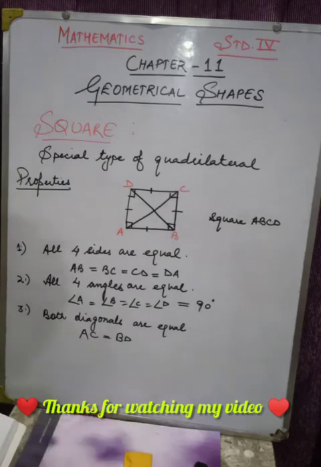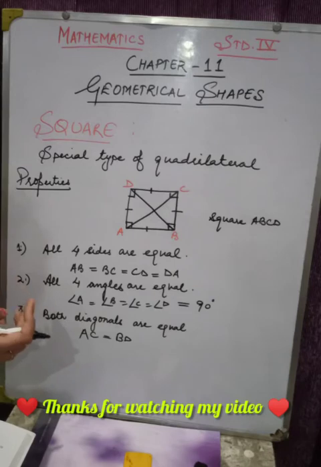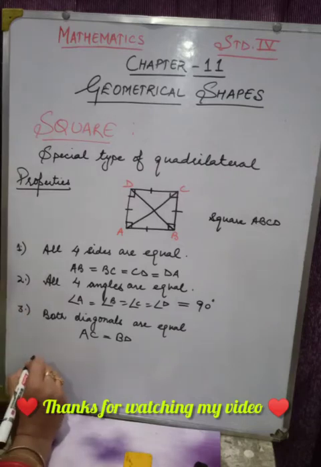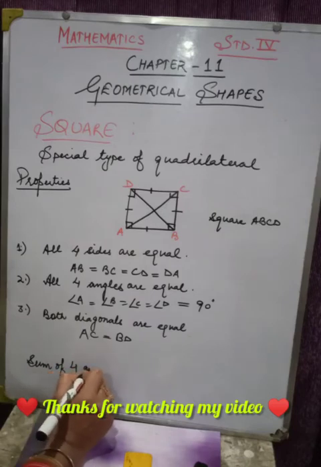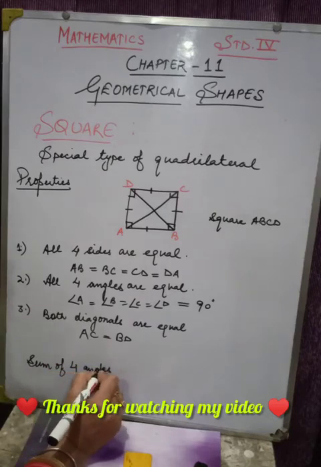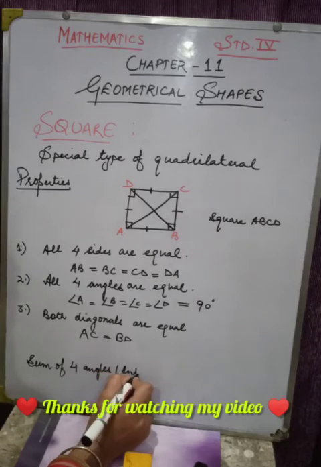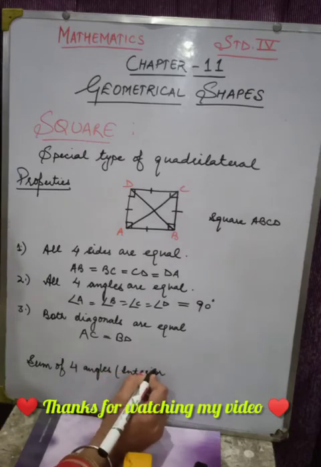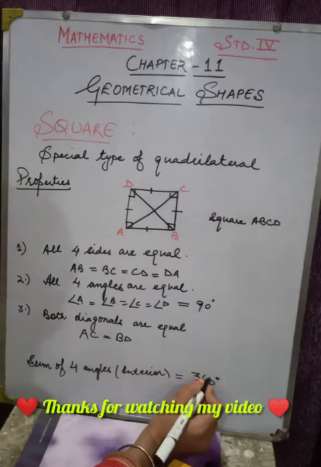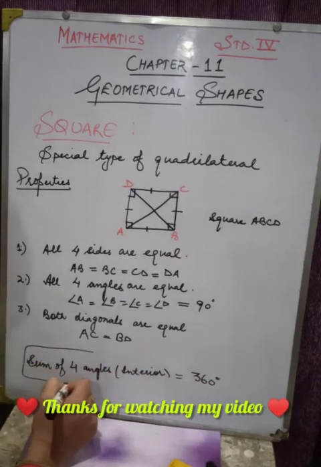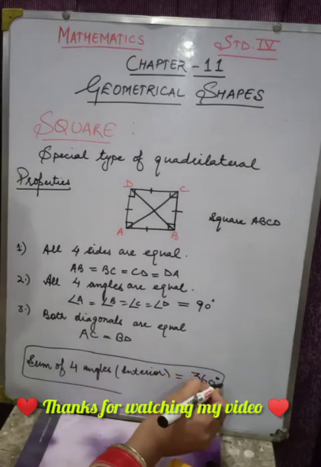And one more thing: in all quadrilaterals, the sum of all the interior angles is equal to 360. There are four angles, so the sum of the four interior angles is 360. This is for all quadrilaterals.